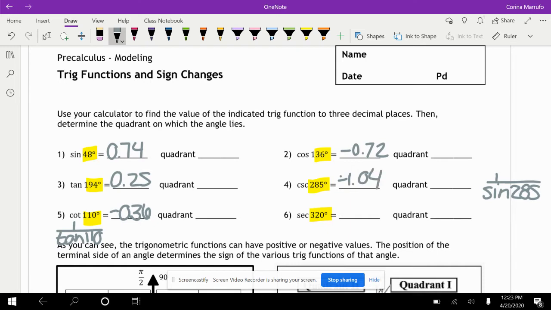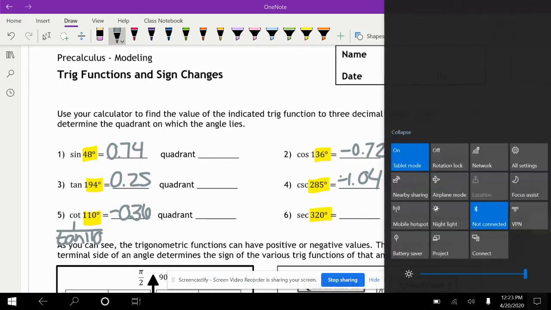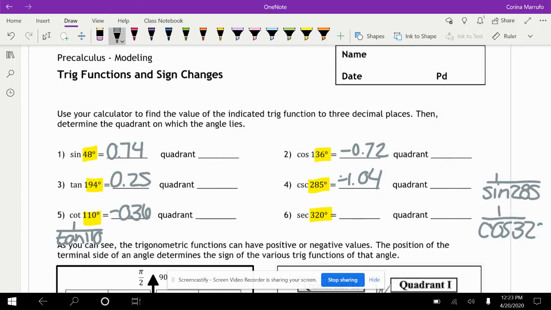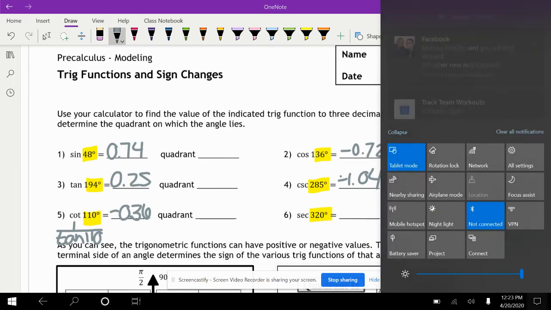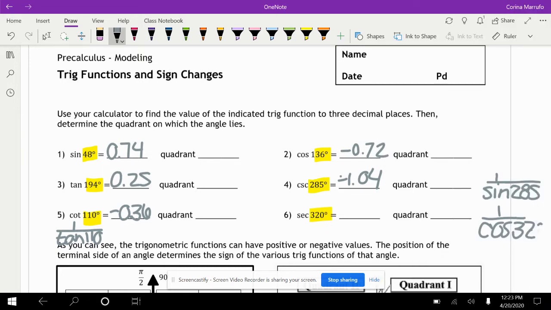And then lastly, we have secant. Now the reciprocal of secant is cosine. So it's going to be 1 over cosine of 320 degrees. And when we put that in our calculator, that gives us 1.31.